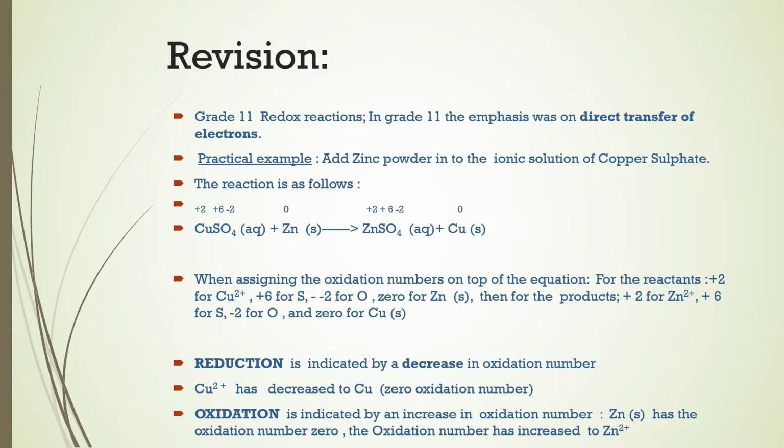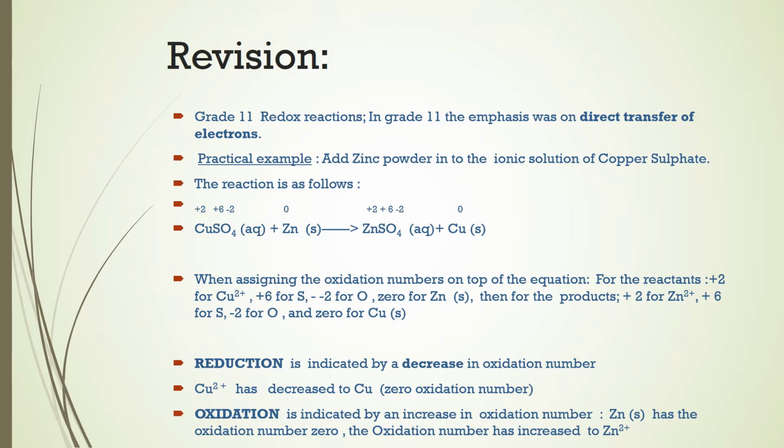The reaction is as follows. Copper sulfate in aqueous form reacts with zinc in solid form in order to form zinc sulfate in aqueous form plus copper in solid phase, which is brownish.